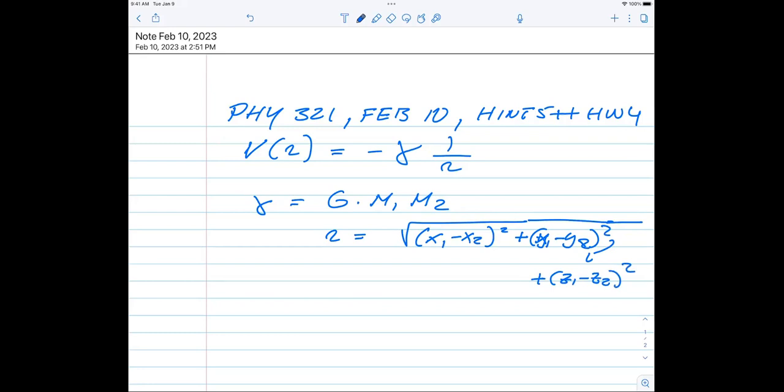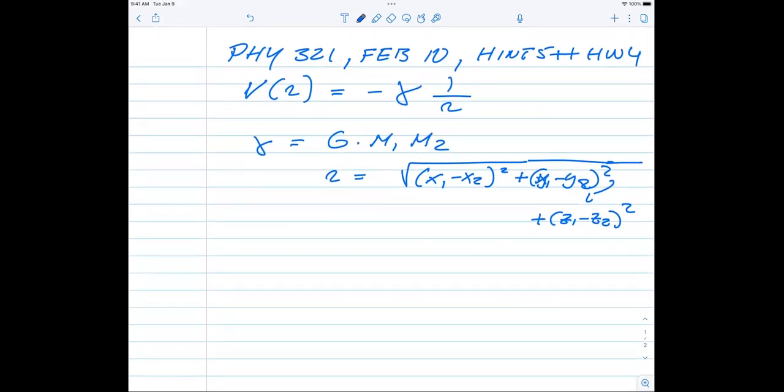So this is the expression for the potential. Now let's simply look at this as a function of r. We forget about the rest, since this depends on the relative distance. So we have learned that the force is given by the gradient of the potential.